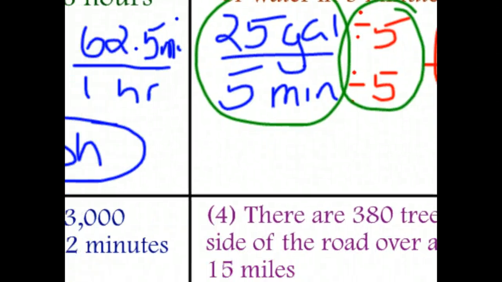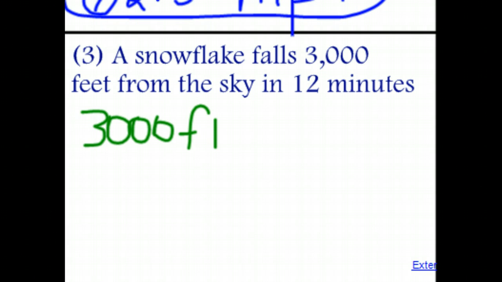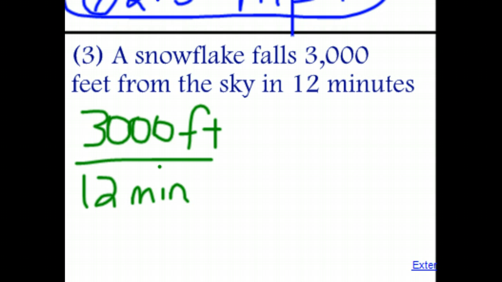For number 3, a snowflake falls 3,000 feet from the sky in 12 minutes. That comparison, just a generic standard comparison, is comparing 3,000 feet to the falling time, which is 12 minutes. And so to make this into a unit rate, we need to divide numerator and denominator of this fraction form by 12.